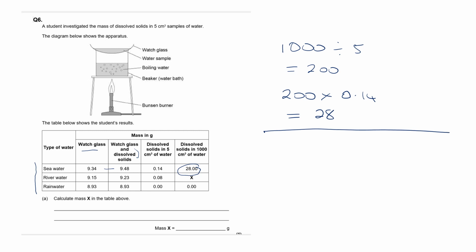So we know that there are 0.08 grams of dissolved solid in 5 cubic centimetres of water. We already know there are 200 fives in 1,000. So simply our little equation is 200 times 0.08, and therefore our answer comes to 16 grams.